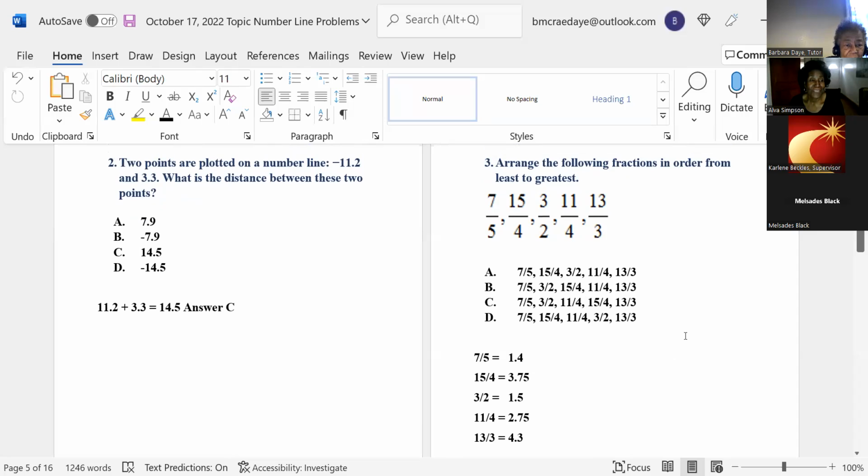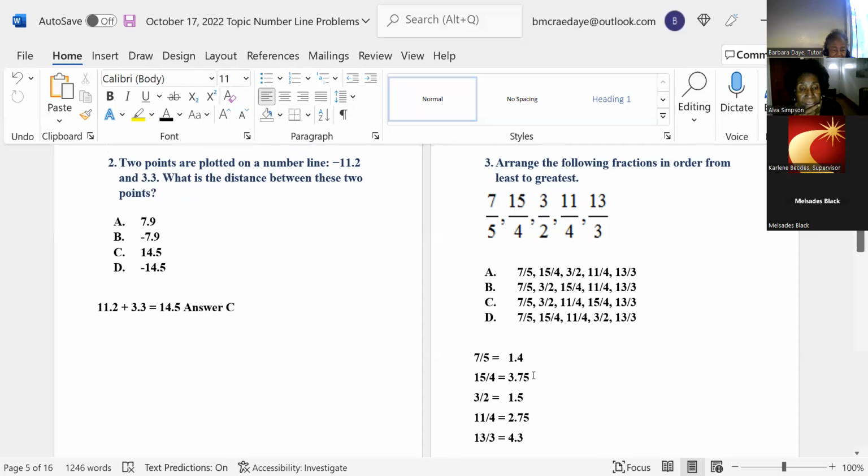I'm going to give you another one. What you have to do, Alva, is get them in a format where it's easier to compare them, and then you divide it out.